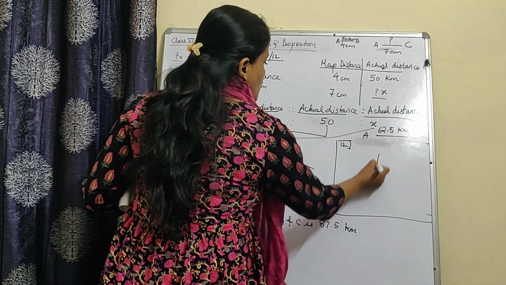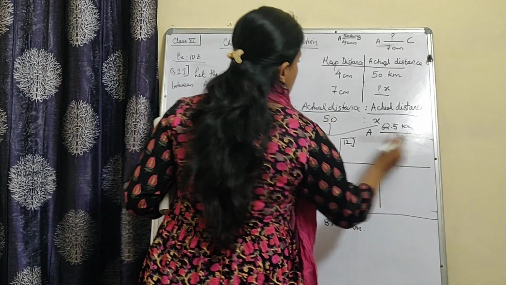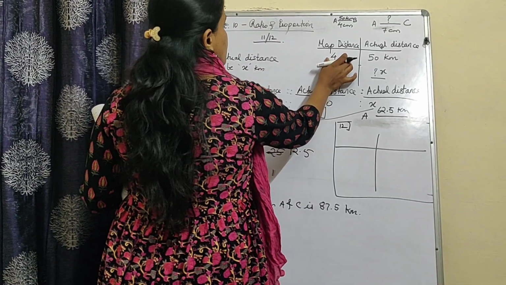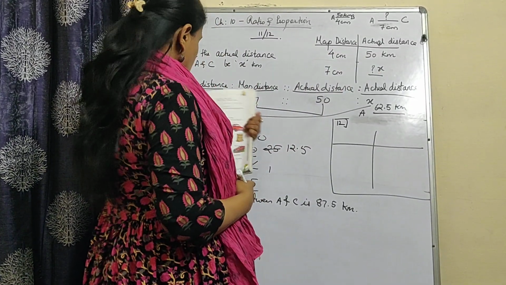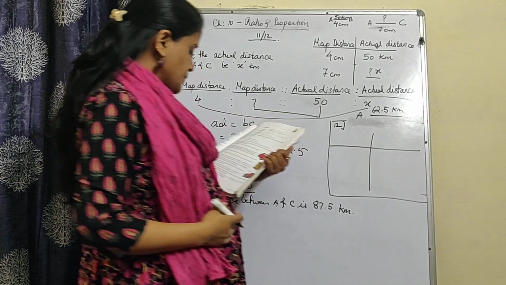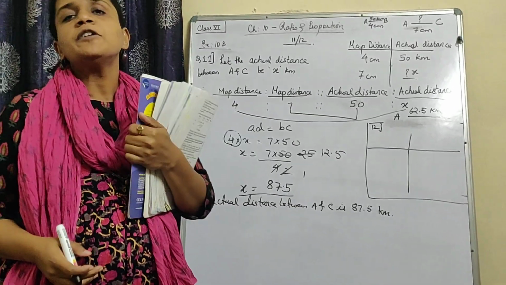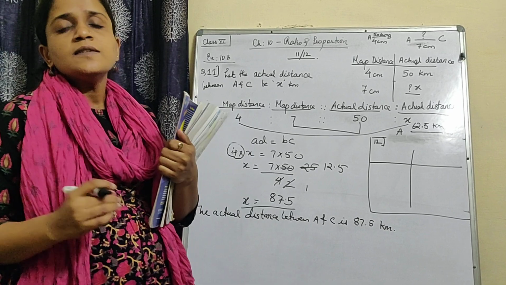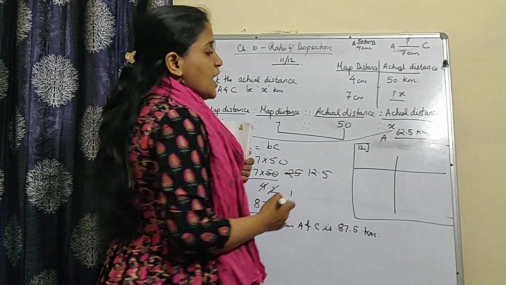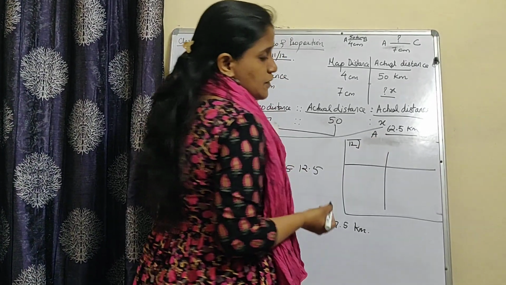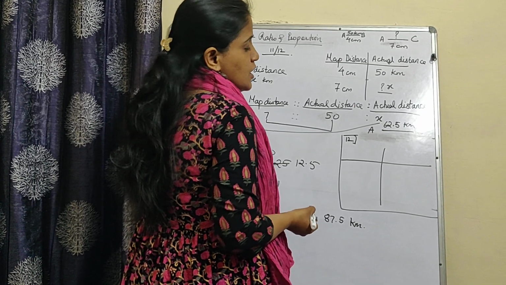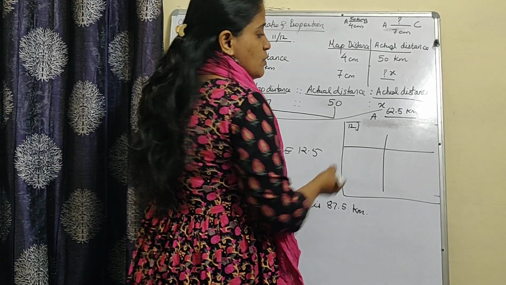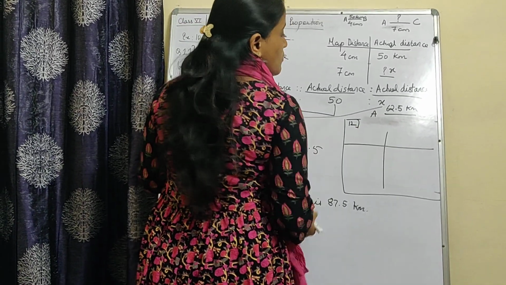So your initial part will remain the same. This part, that is 4 and 50, will remain the same. And what they are asking is, what will be the distance in centimeters on the map? The actual distance between A and D is given, and you have to find out what will be the distance between A and D on the map.